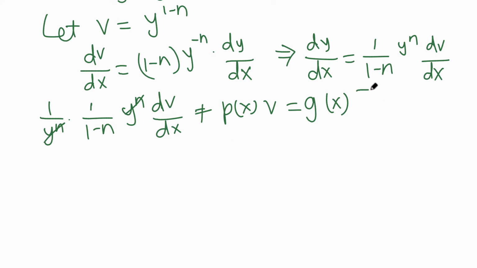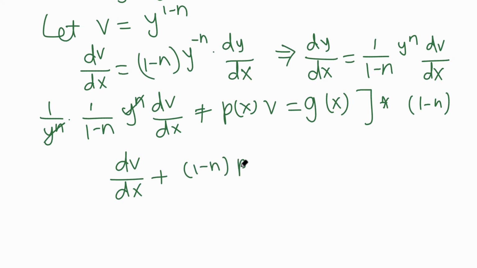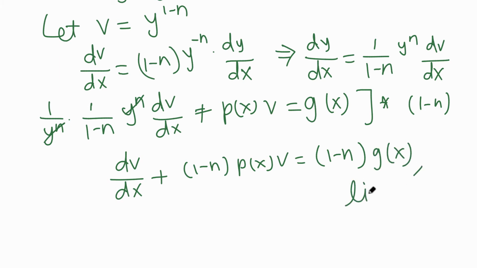Let's multiply through by 1 minus n. We have dv/dx + (1 minus n) p(x) v = (1 minus n) q(x). Now this is linear. Here dv/dx is a function of x, so linear in v. We used to have linear in y, but it's linear in v.